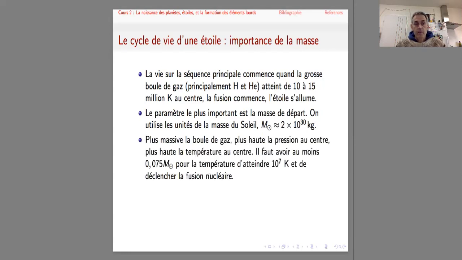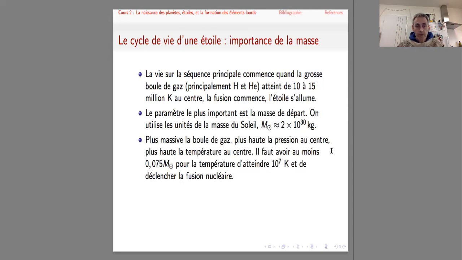Okay, so the more massive a ball of gas, the higher the pressure will be in the center. Why? Because the pressure comes from the fact that it's squeezing in on itself due to the gravitational attraction.